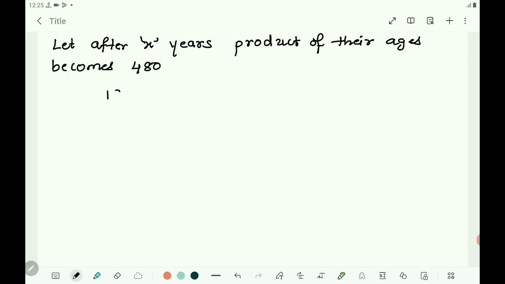So you take 19 plus x, means after x years A's age becomes 19 plus x, B's age becomes 15 plus x. So you take 19 plus x into 15 plus x equals 480. Then 19 into 15 plus 19 into x plus x into 15 plus x into x.